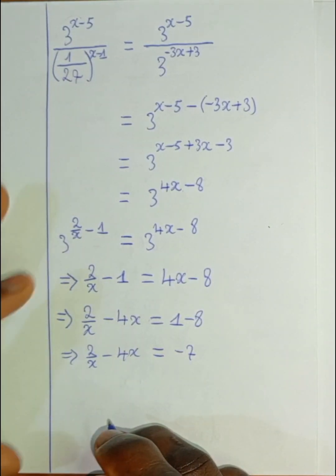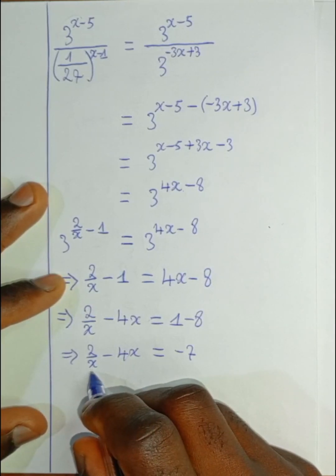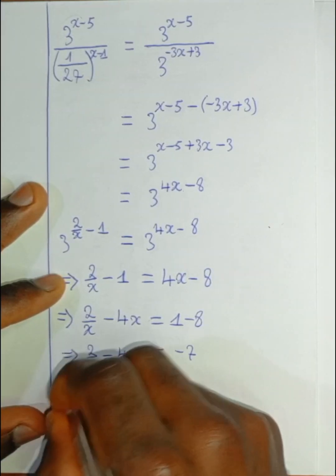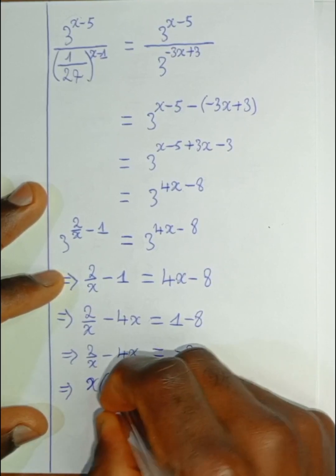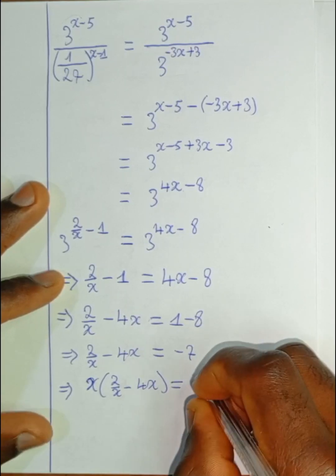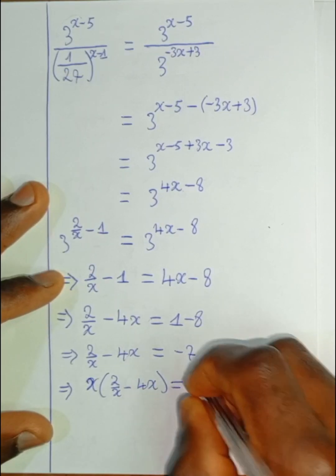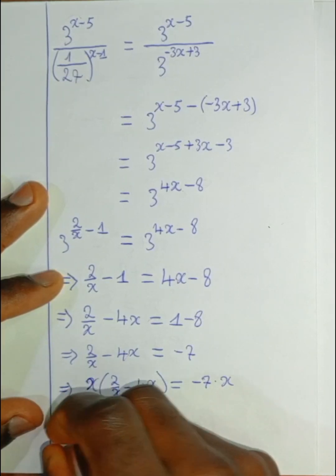The next step, we are going to multiply both sides by x because we want to eliminate this x at the denominator. Then take x times 2 over x minus 4x equal to negative 7 times x.